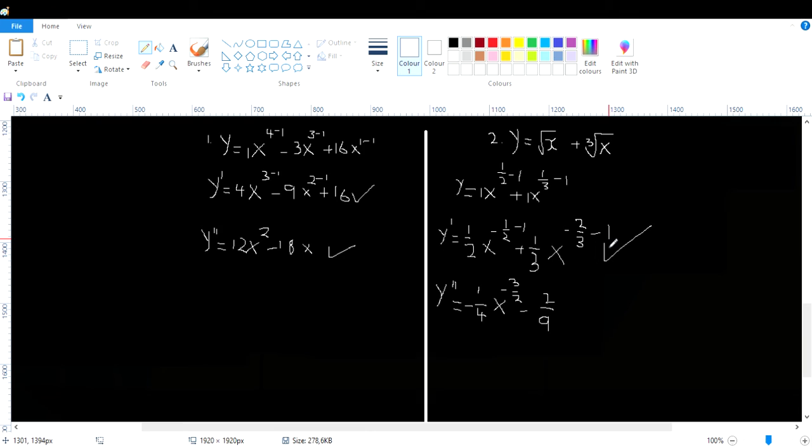Minus 2 over 3 minus 1 is equal to minus 5 over 3. So this one is the final answer. This one is the first derivative, and then this one is the second derivative.